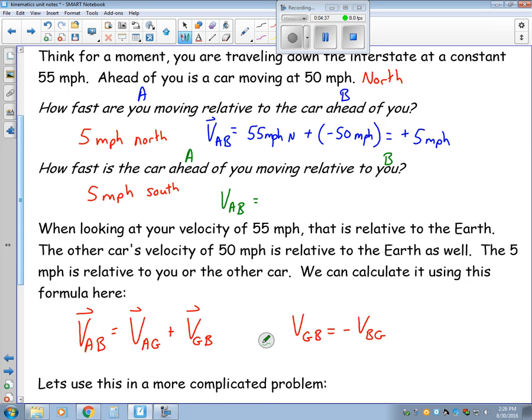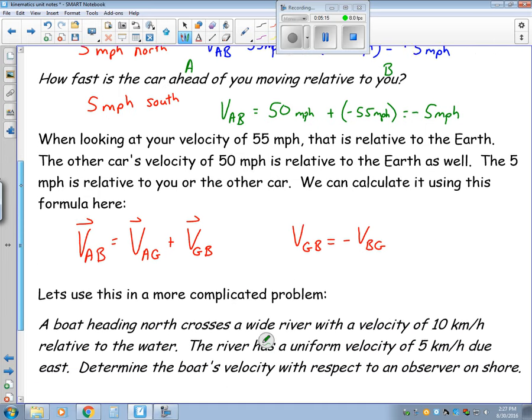The car ahead of you is moving 50 relative to the ground, going north, so it's positive. Now the ground versus you: if you're stationary, the ground is moving underneath of you at 55 miles per hour. So we have a negative 55 because the ground is moving to the south. That gives us a negative 5 miles per hour, and again, negative means south.